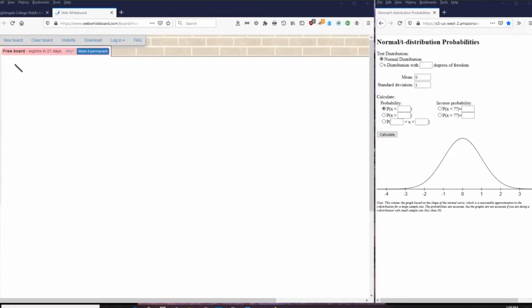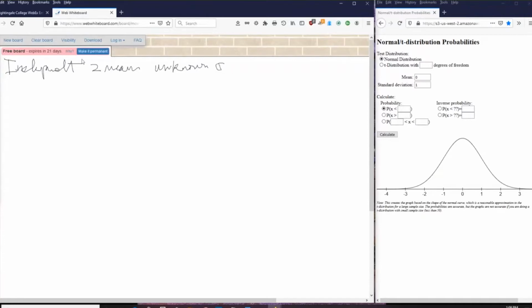So let's first write this down. It's going to be independent. You're going to have two population means and an unknown standard deviation.